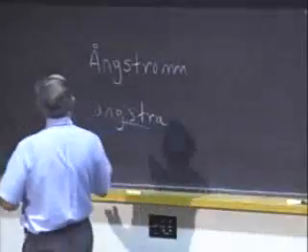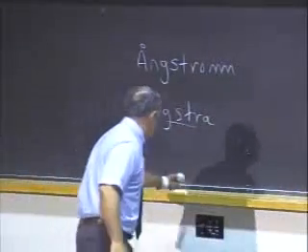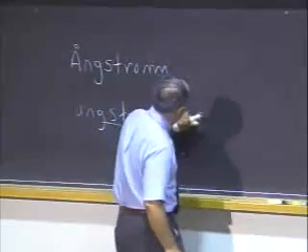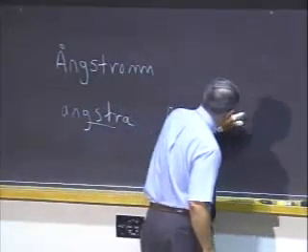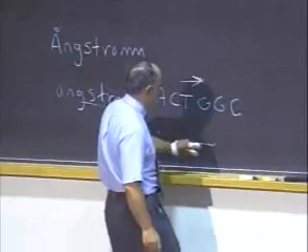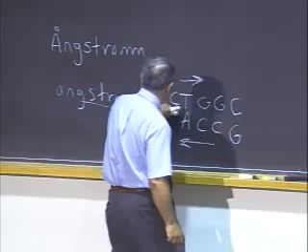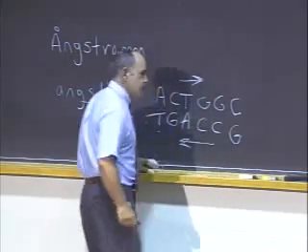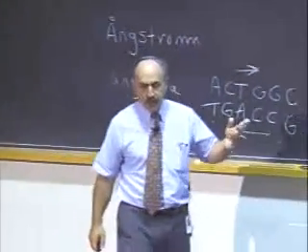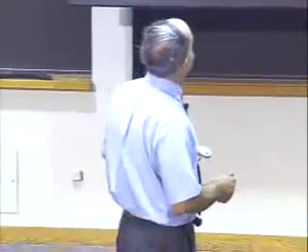If we always realize that A is opposite T and G is opposite C, we can know directly that a sequence in one strand, which may be A, C, T, G, G, C, in the other strand, moving in the other anti-parallel direction, the sequence is like this. I don't need to know the sequence of the other strand. I can predict it by using these rules of complementary sequence structure.